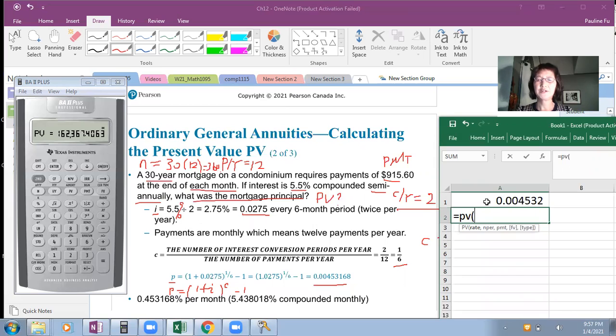This number is the rate. NPER, number of payments, 360. PMT, negative $915.60. Future value is 0, type is 0. So you get this number, the same number as we get from the calculator method. So this is the present value for an ordinary general annuity using 3 methods.